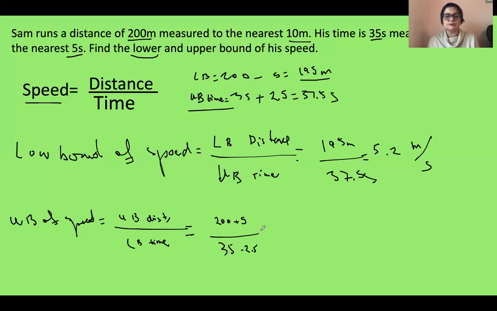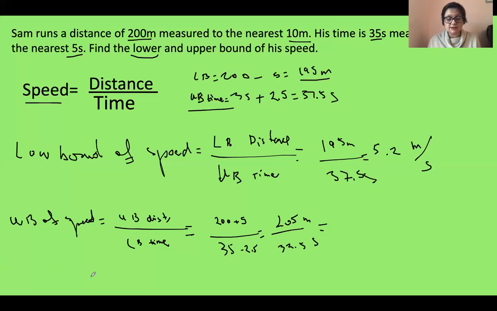And so I'm going to divide 205 meters by 32.5 seconds. And let's see how much that will be. So we have 205 divided by 32.5.